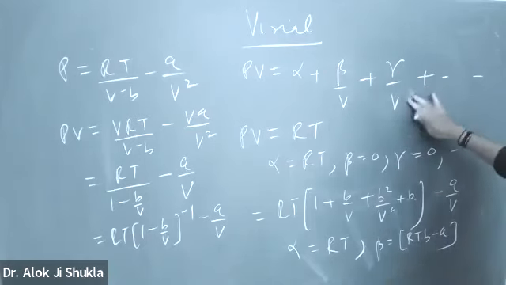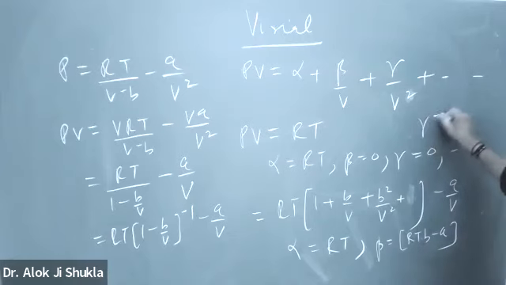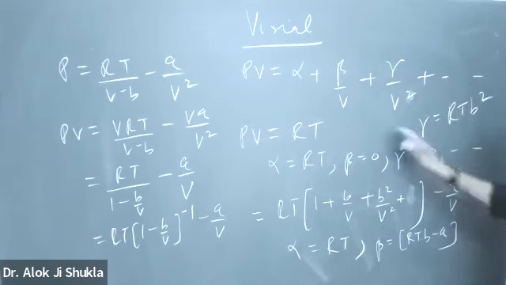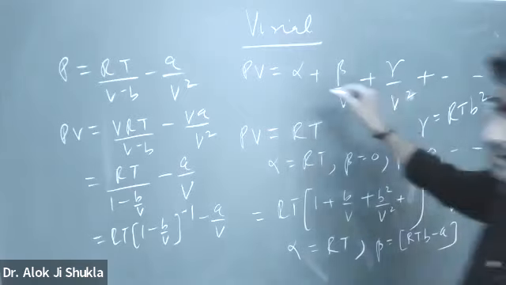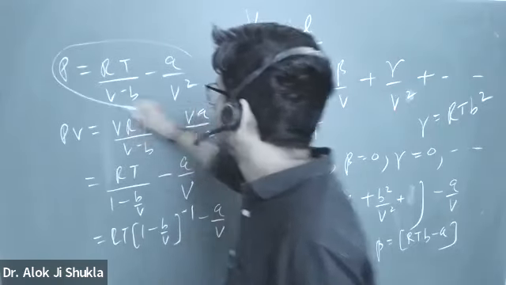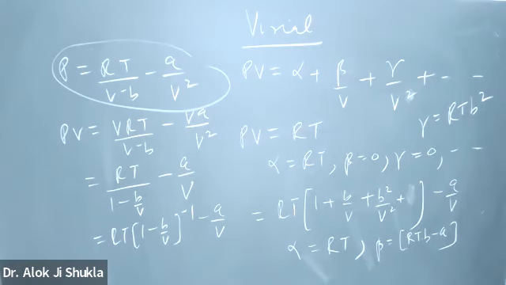So understood this? It's a previous year question. Just compare and tell. So a new equation may be given to you which you have not seen, and they may ask you for the virial coefficients. Okay?